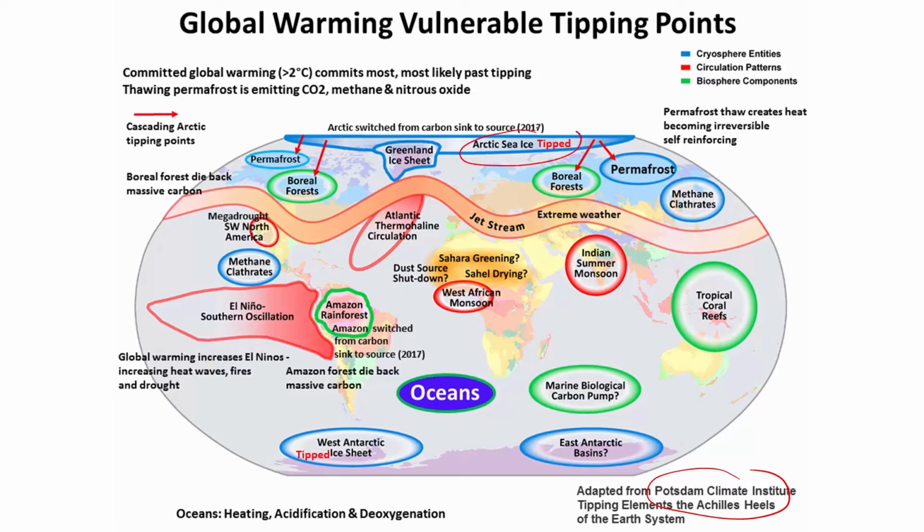Arctic sea ice, they say it has already tipped, that it's going to disappear. Greenland ice sheet, we talked a lot about. Permafrost, we talked about. Boreal forests, we haven't talked about, but as the warming increases, they will probably disappear. And the Atlantic thermohaline circulation, we have discussed again and again.